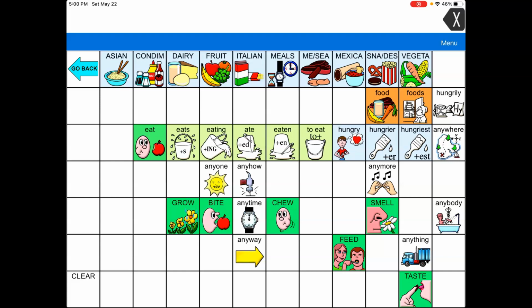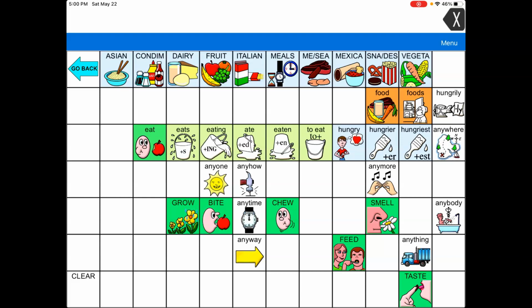So we have access to this second layer with words related to the icon eat. You can see them there. We have eat, grow, bite, chew, all words related to eat.